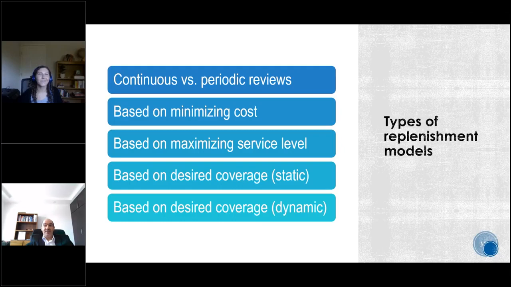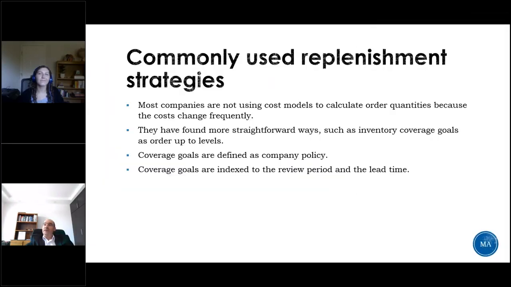That is basically what I'm going to do here right now. I'm not going to do the minimizing cost or the maximizing service levels, because they are kind of implied in your desired coverage. That means that you have to define those goals, and they must be linked to the strategy of your company and to the financial goals of your companies. Most companies are not using cost models right now to calculate order quantity.